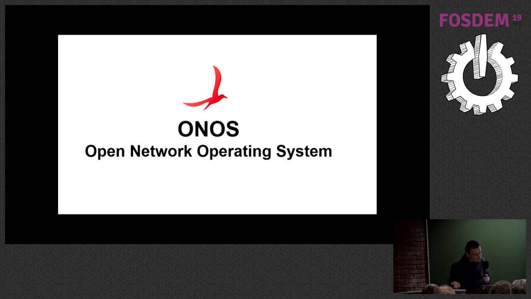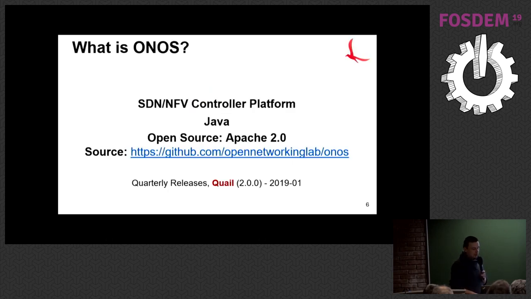ONOS is an open network operating system. I very much compare it to the Linux kernel in the networking domain. It's completely open, and it's meant for networking for this use case. It's written in Java, which is definitely different to the Linux kernel: a higher level language and very much object-oriented.